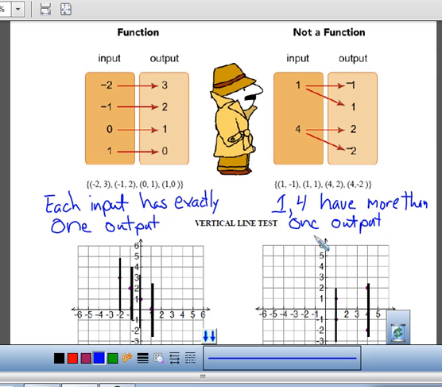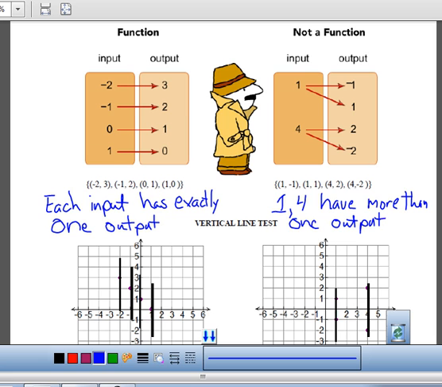So, if I give you a table of values, or if I give you a set of ordered pairs, and you're asked to tell if it's a function, you might create a mapping diagram, and then identify if each input has exactly one output, it is a function. If any of the inputs have more than one, it is not a function.